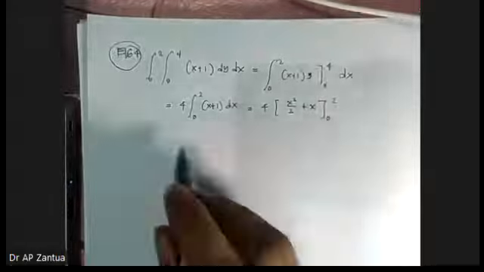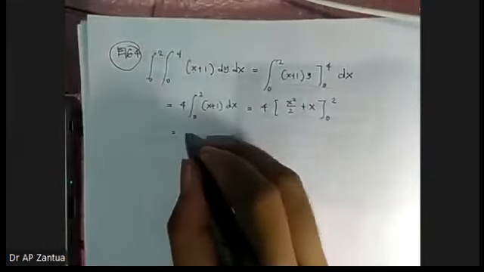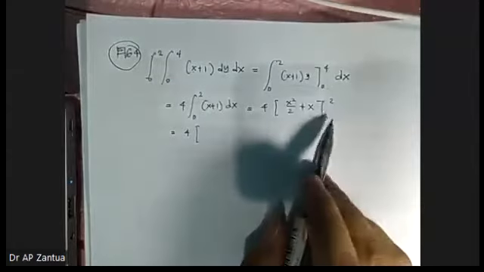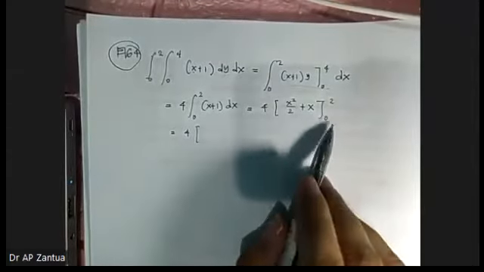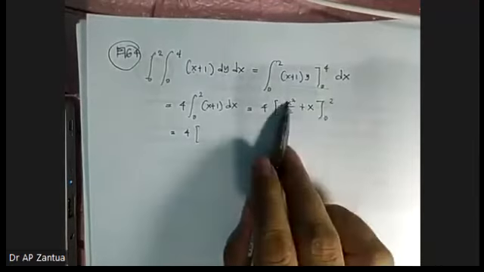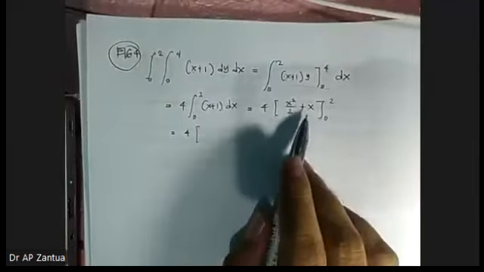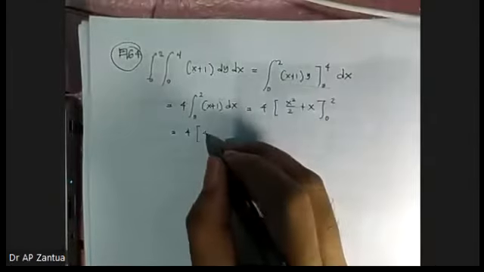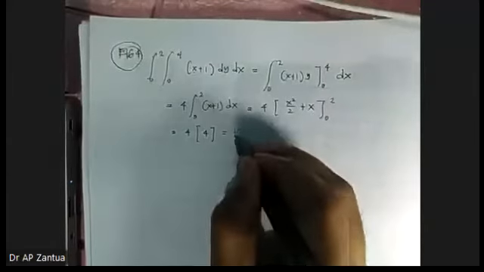So substitute those values. If you substitute 2, the upper limit, and the lower limit 0, this will become 0. Substitute 2 squared over 2, that is 2. Then 2 plus 2 is 4. So therefore, we have 4 times 4, which is 16.